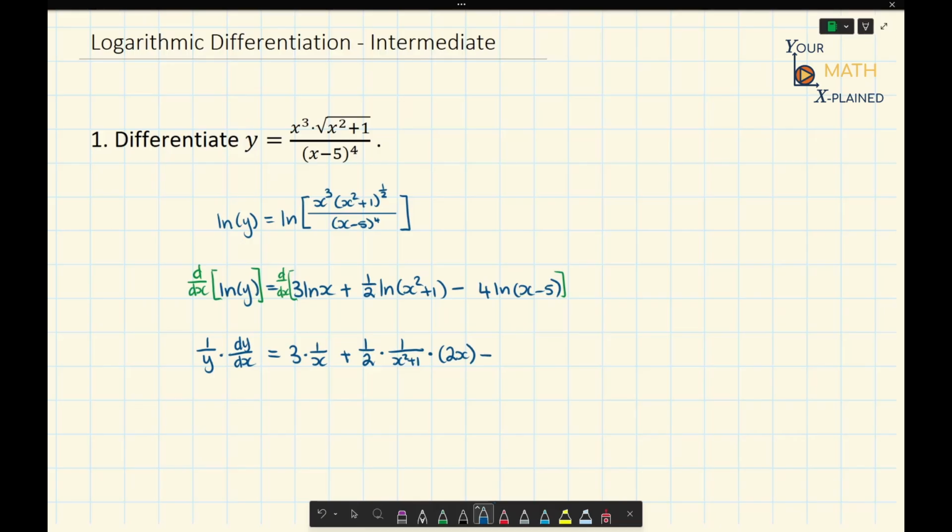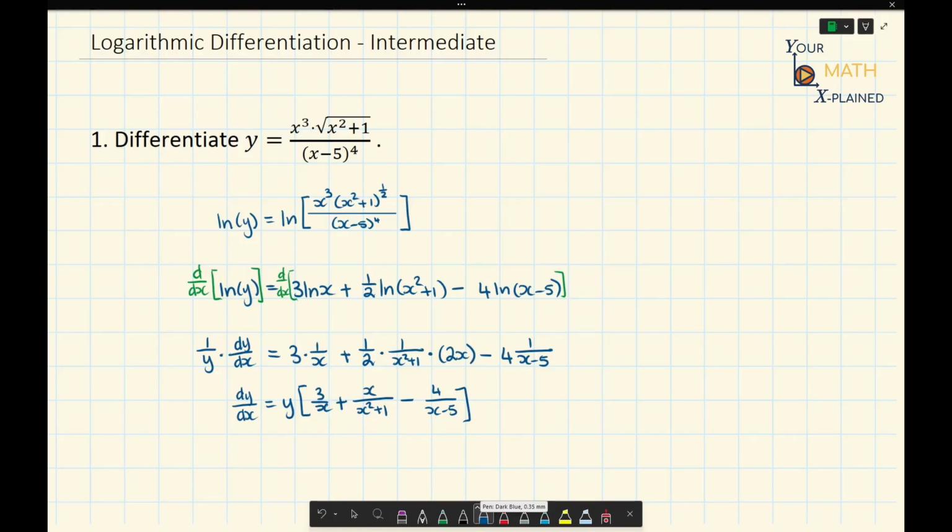And then we have minus 4 times 1 over (x minus 5). And now isolating dy/dx, we end up with this is equal to y times (3 over x plus x over (x squared plus 1) minus 4 over (x minus 5)).